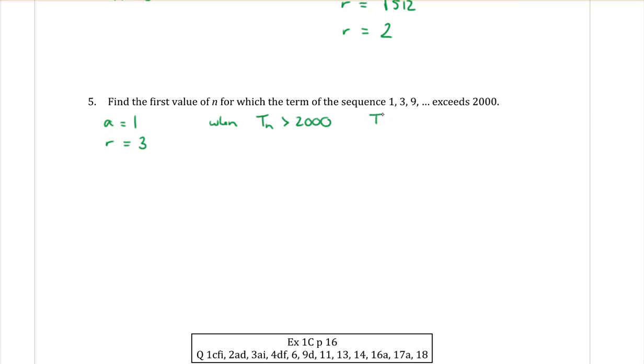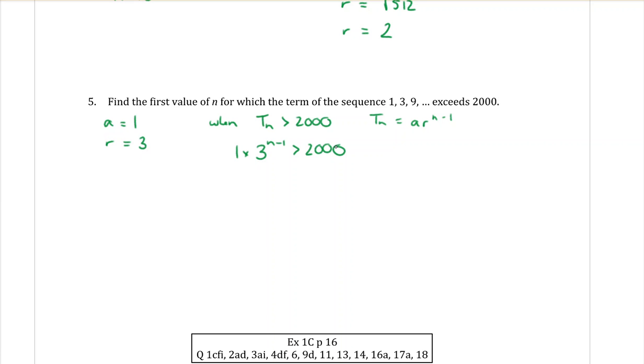I do also have my formula, if you need to write that down, A R to the n minus 1. That's my term formula. So using my formula here, I'm going to sub in these values that I've been given. So A is 1 times R, which is 3, to the power of n minus 1. That's my term. And that needs to be greater than 2,000. And I have to solve that to find n.